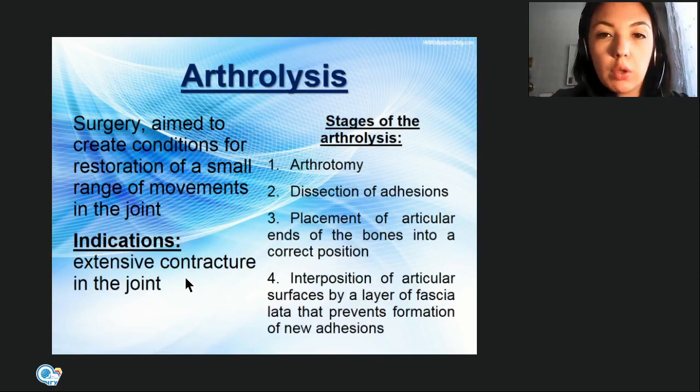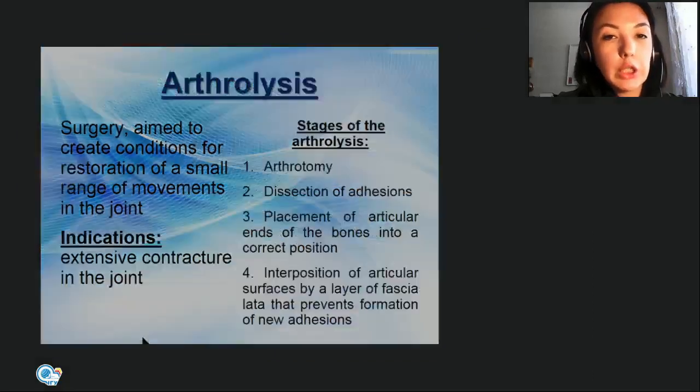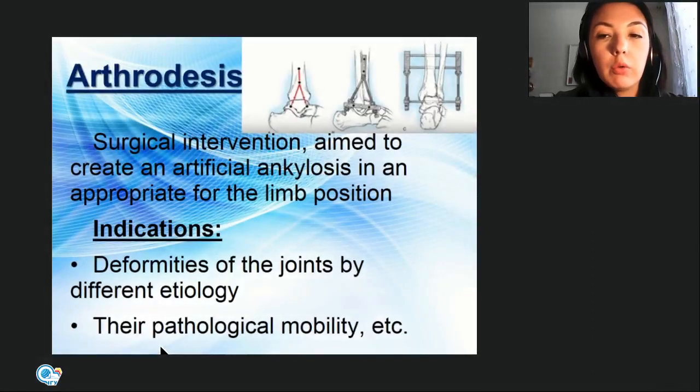So what are the stages of the arthrolysis? It is arthrotomy as always, then dissection of adhesions, then placement of articular ends of the bones into a correct position, and then again we put fascia lata or some synthetic materials between articular surfaces to prevent formation of new adhesions.